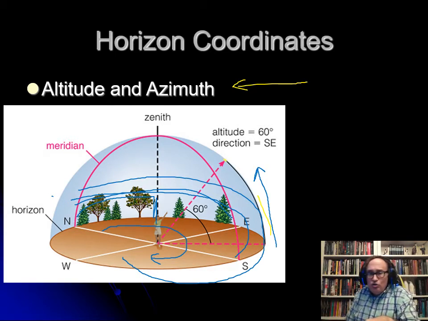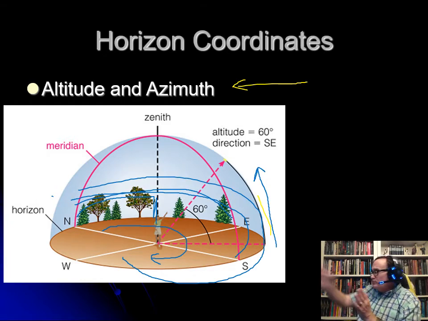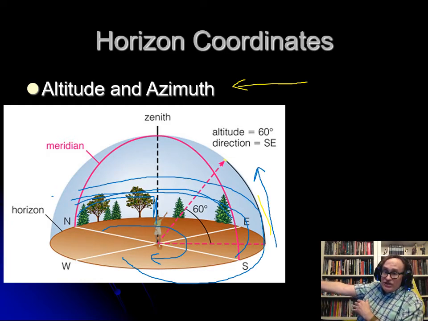So if I told you, hey, go out tonight and look at this really cool thing, it's going to be at an altitude of 60 degrees, and it's going to be at an azimuth of 120 degrees. So you go out and you look, and 90 degrees is going to be exactly due east.